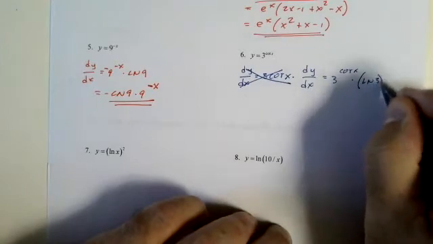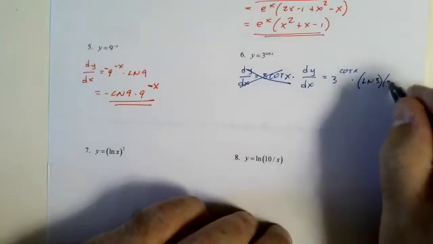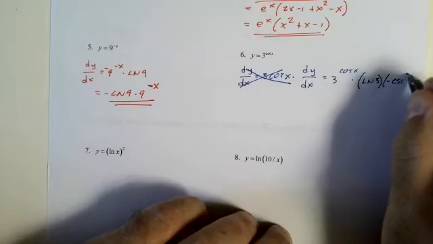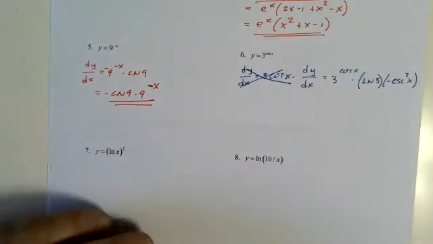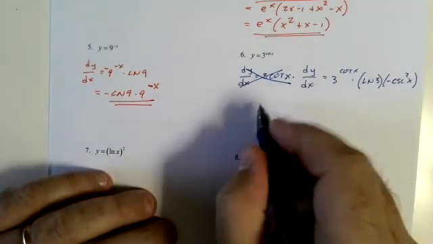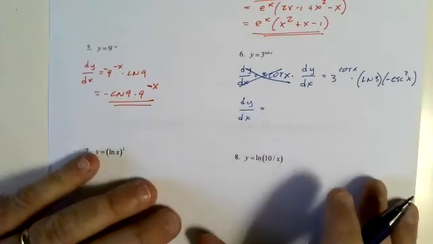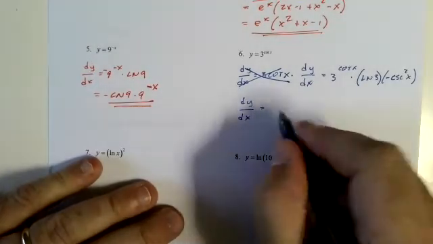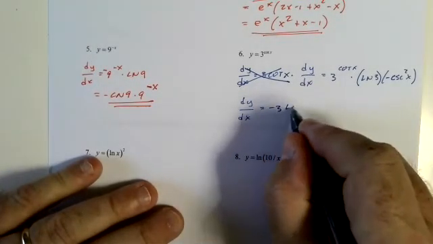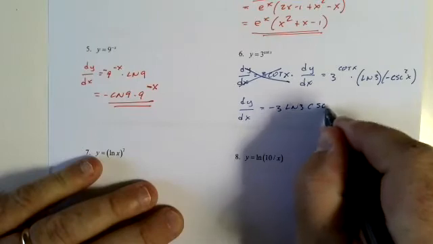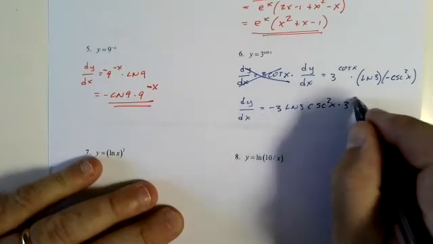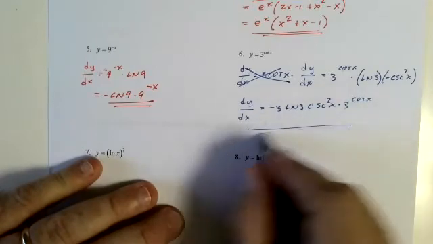I think we should do ln of 3 first, times negative cosecant squared x. Dy dx equals negative 3 ln of 3 cosecant squared x, 3 to the cotangent of x.